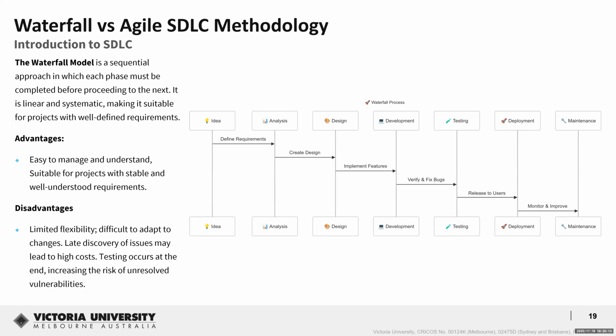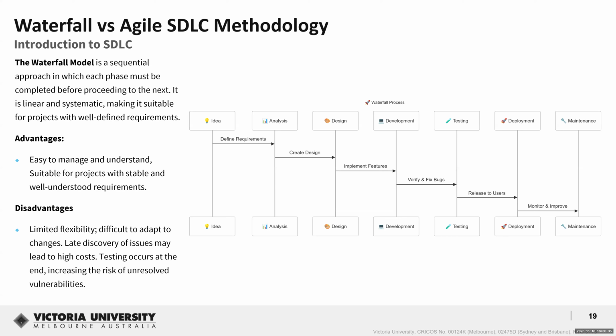As you see in the next slide, the waterfall model is a sequential approach in which each phase must be completed before proceeding to the next step. It's linear, systematic, and more suitable for projects with well-defined requirements.